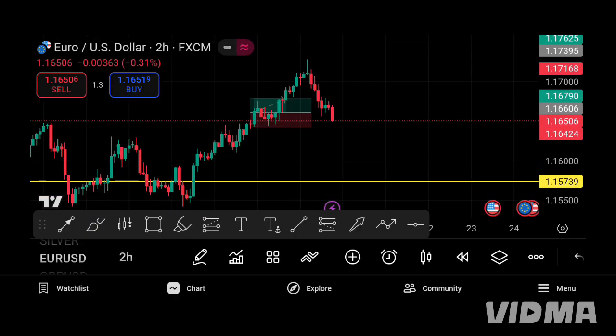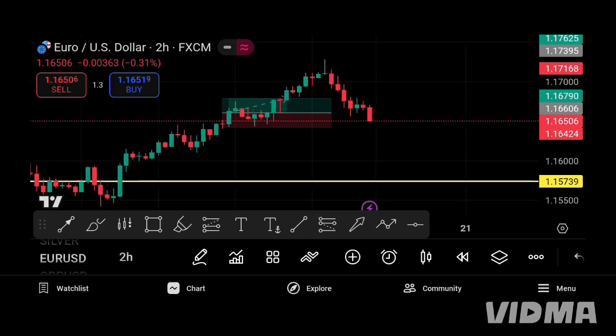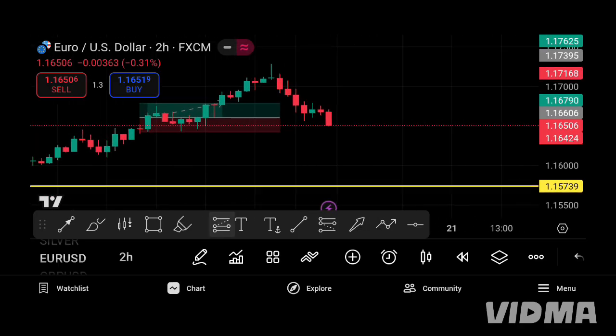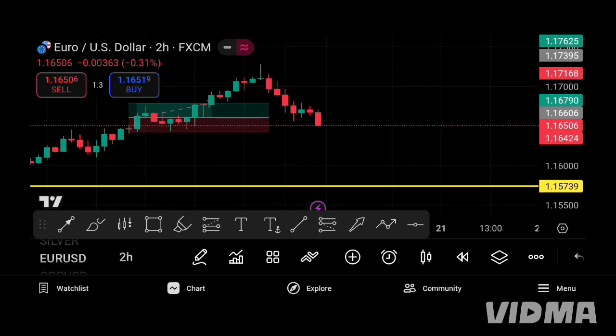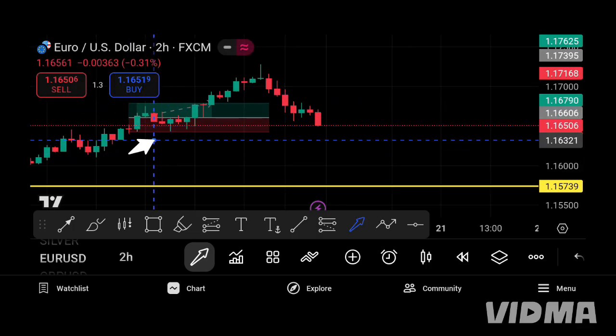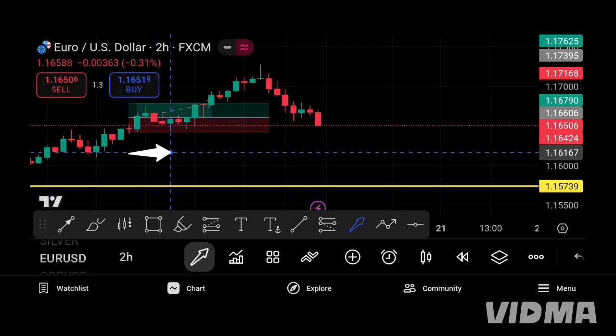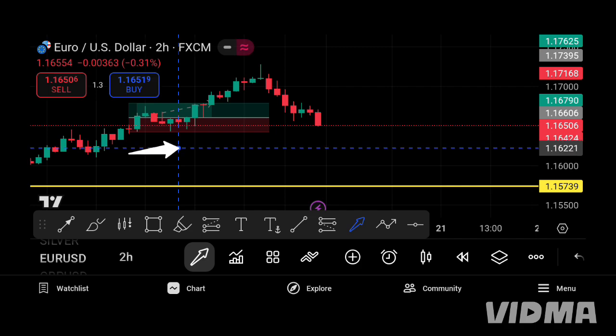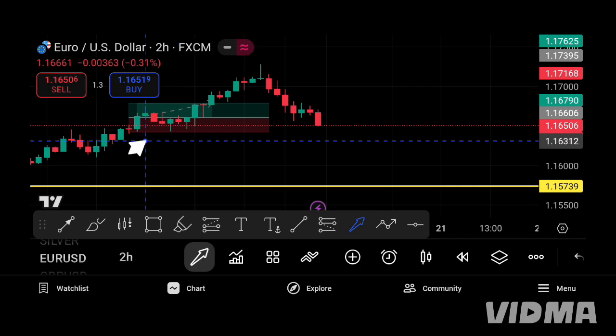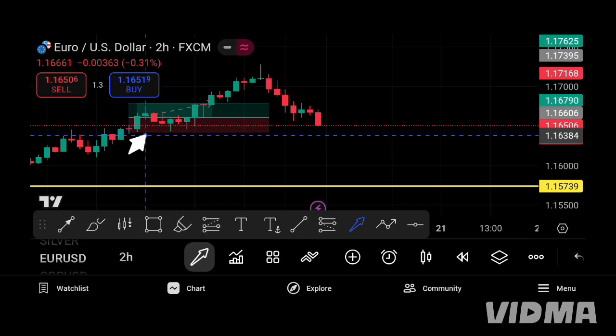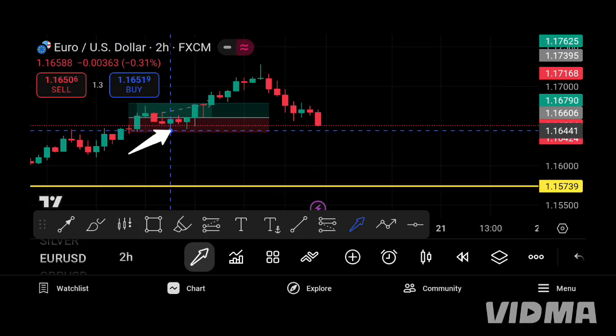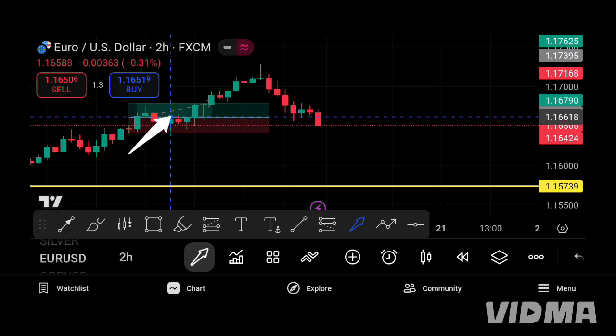We put our stop loss just below here, this candle, and we entered here at its high.